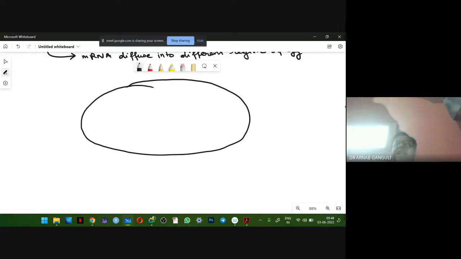This is the egg, this is the anterior region, say, and this is the posterior region. Now, in the anterior region there is a high concentration of bicoid mRNA.